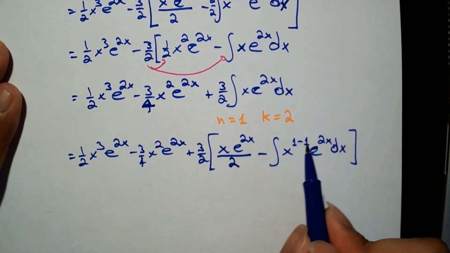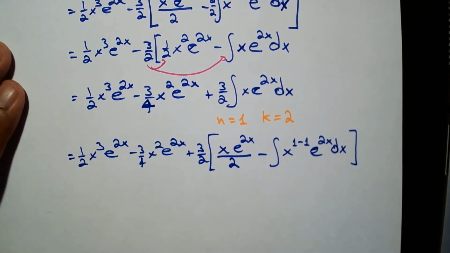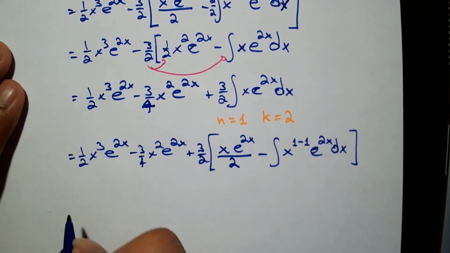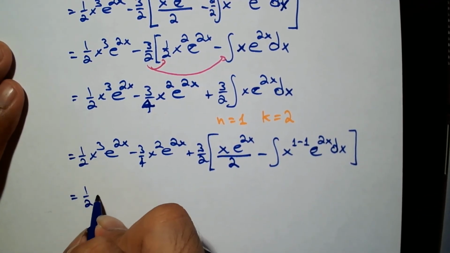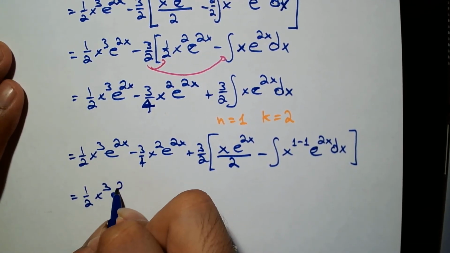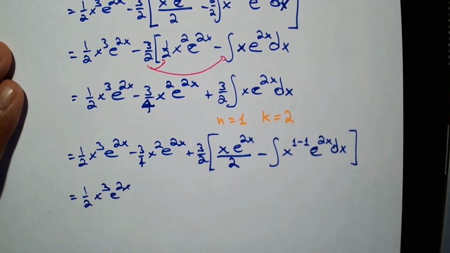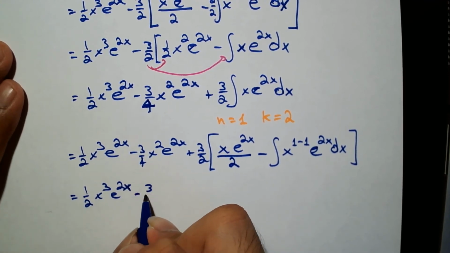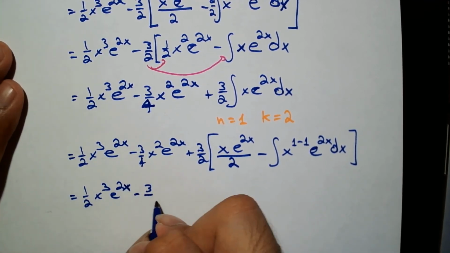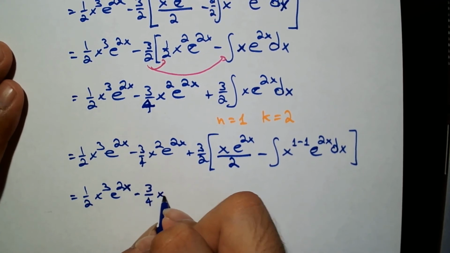Something interesting is going to happen here, because this is going to be x to the 0. That's 1/2 x cubed e to the 2x. Maybe you can do this in your head and just erase the x, but I'm going to write everything so you can see where everything is coming from and how it becomes the final answer.